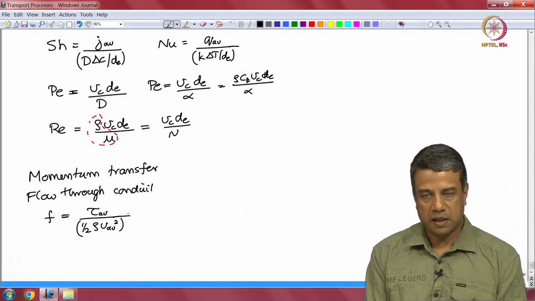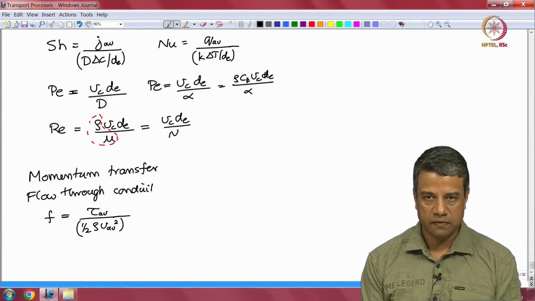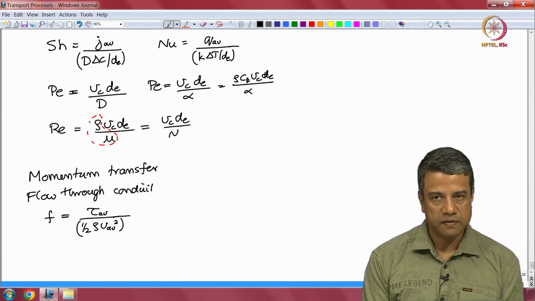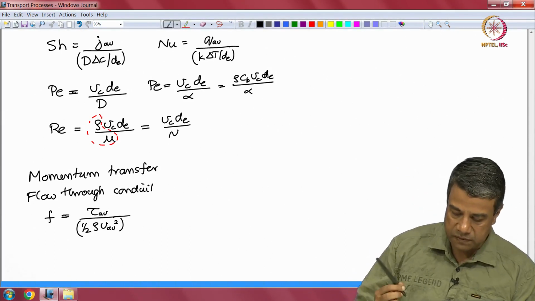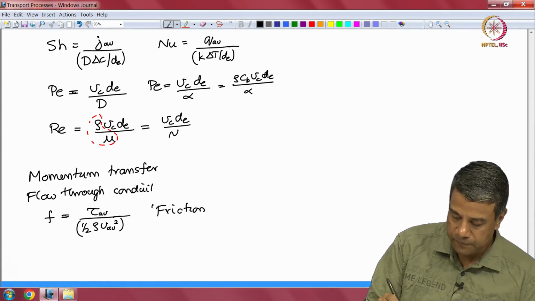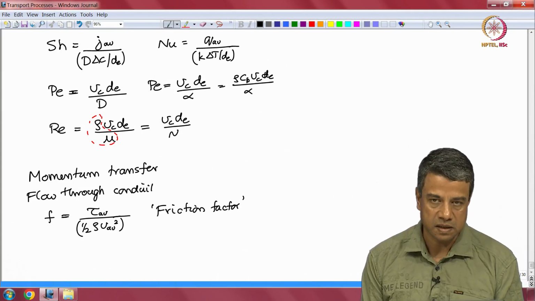Kinetic energy is half m v squared, so kinetic energy density is half rho v squared, mass per unit volume. This is what is called the friction factor for flow through a conduit: the shear stress exerted at the wall divided by a kinetic energy density.